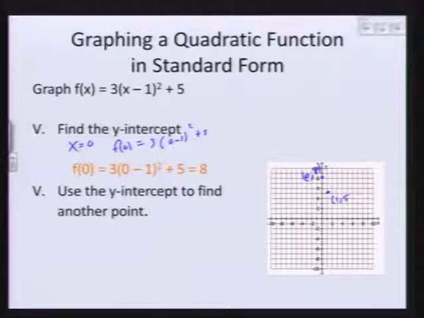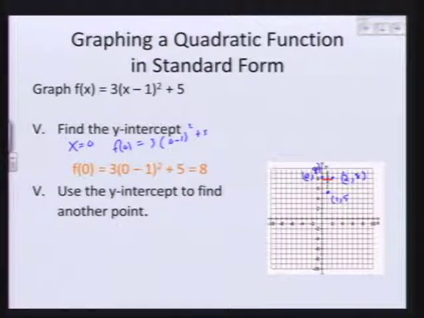And so we're going to come up here and say, here's our axis of symmetry, and if you recall, in the previous program I said we're going to take a look over here and see that our y-intercept is what? 1 unit to the left of our axis of symmetry. So if we go 1 unit to the right of our axis of symmetry, we should have another point there. And in fact, that point will be the point 2, 8. And we can verify that by plugging 2 into our equation here.